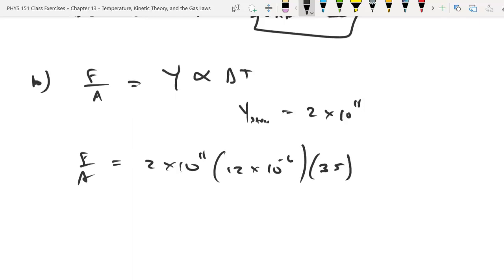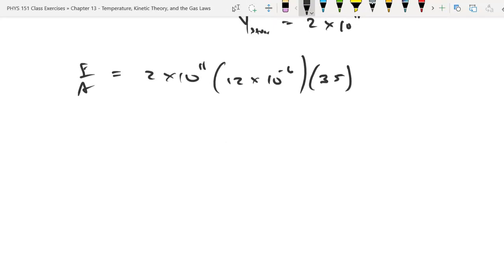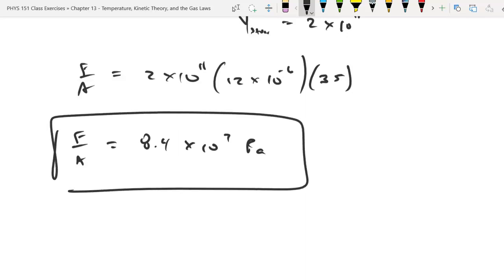And so the stress we have here, force per area, is equal to 8.4 times 10 to the 7th pascals. So pretty significant stress, really. 84 million pascals, 84 million newtons per square meter. It's a pretty significant stress, something that we probably don't want these steel rails to have.